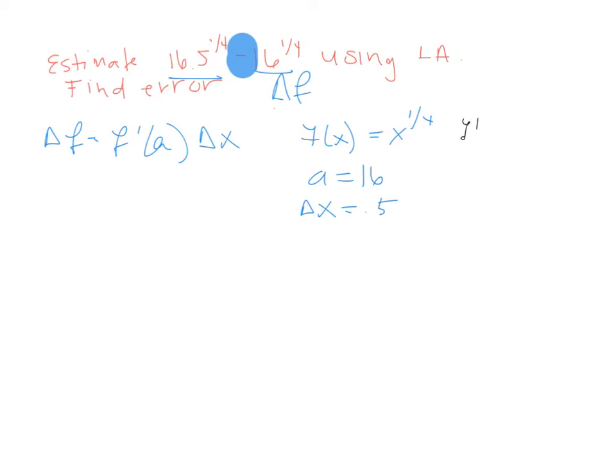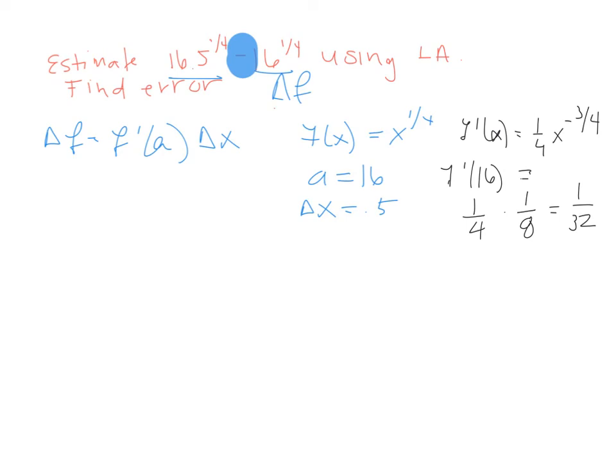f prime of x is equal to 1/4 x to the negative 3/4. So f prime at 16 is 1/4 times 1 over the fourth root of 16, cubed. The fourth root of 16 is 2, and 2 to the third is 8. So I end up with 1 over 32, which matches my notes.